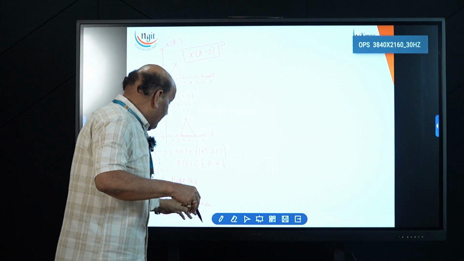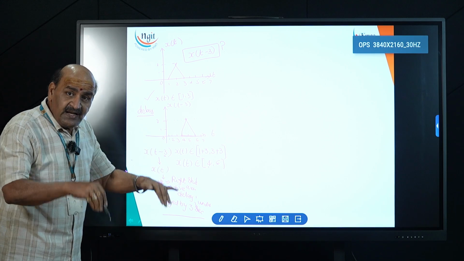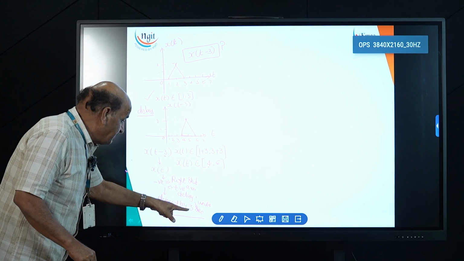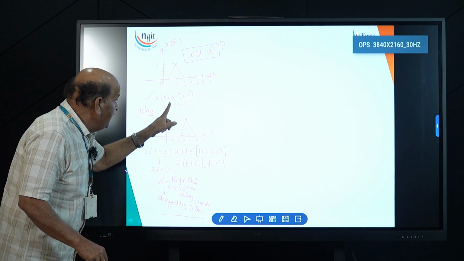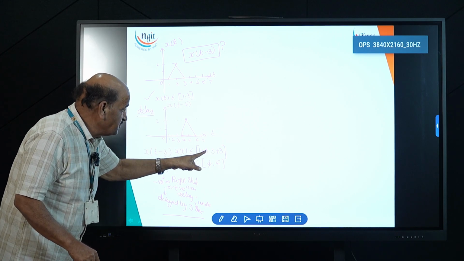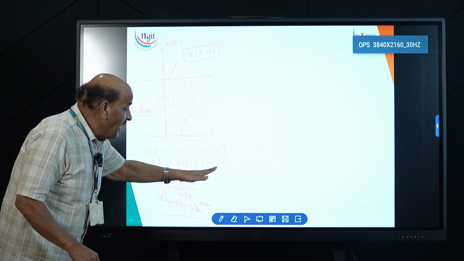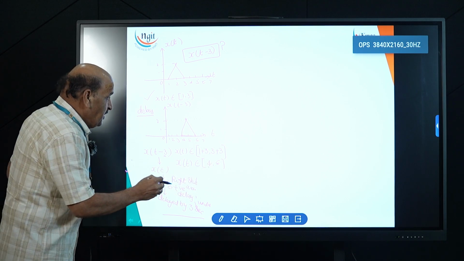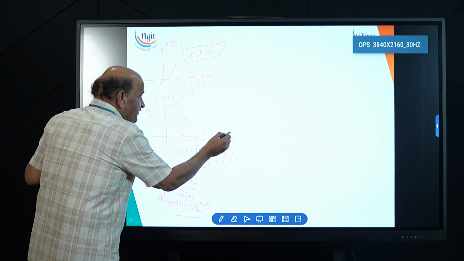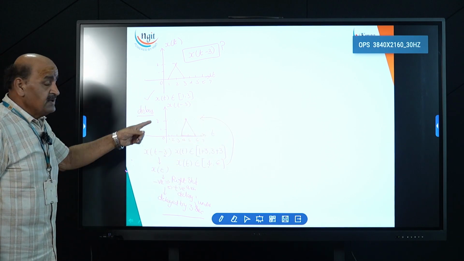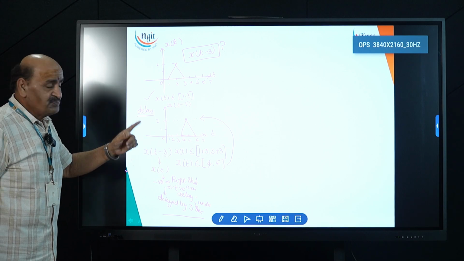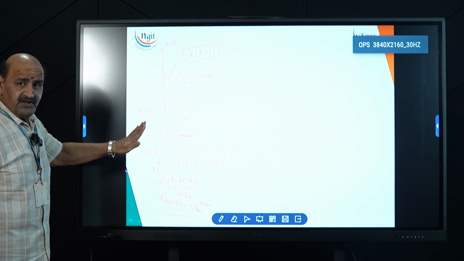Right shifting by how many units of time? 3 units of time. Now take the previous period 1, 3, add 3 to each one, 4, 6. After this step only, you are supposed to draw the signal of x of t minus 3. This is called right shifting. I think it is understood.